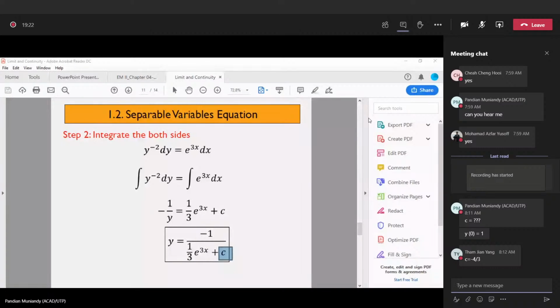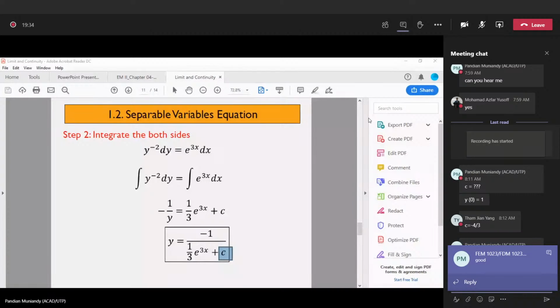C equals minus 4 over 3. Others? Anyone got a different value?